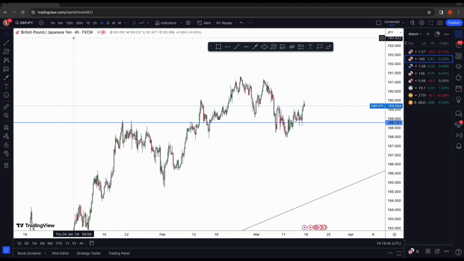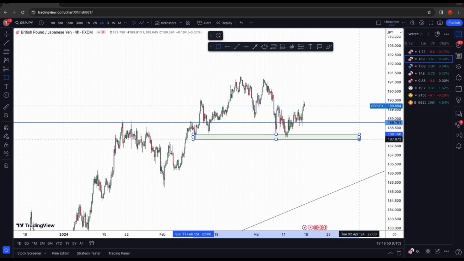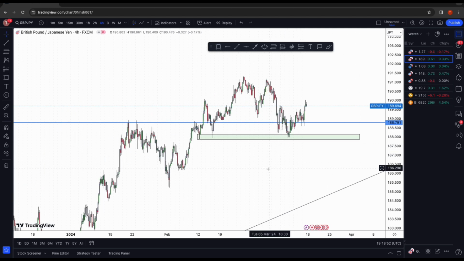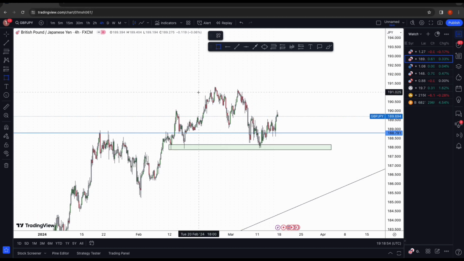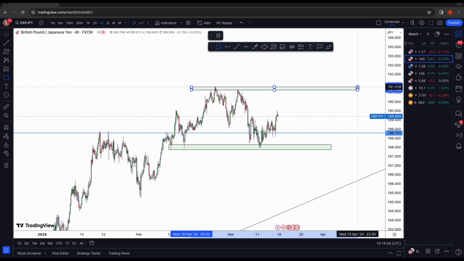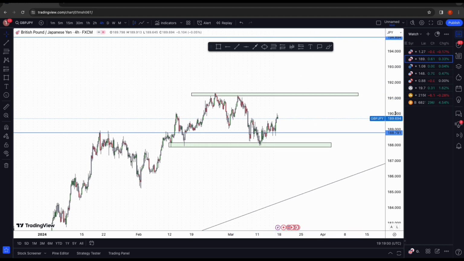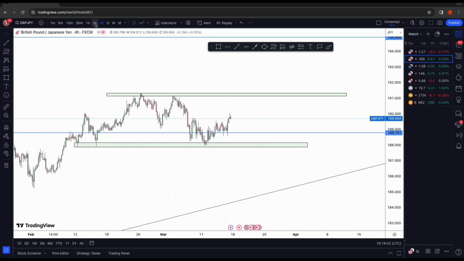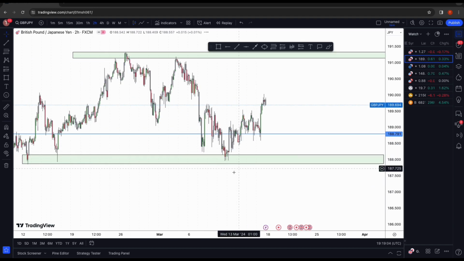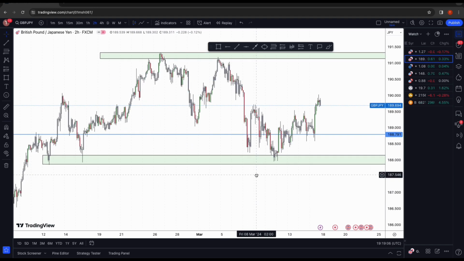If we mark off these lows here, price wasn't quite taken. So again, just wedging in price. Move down time frames, see what's going on.